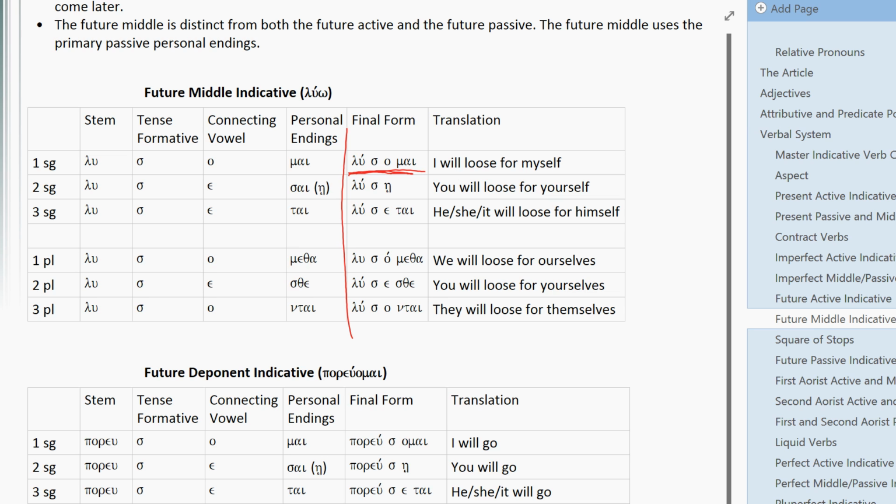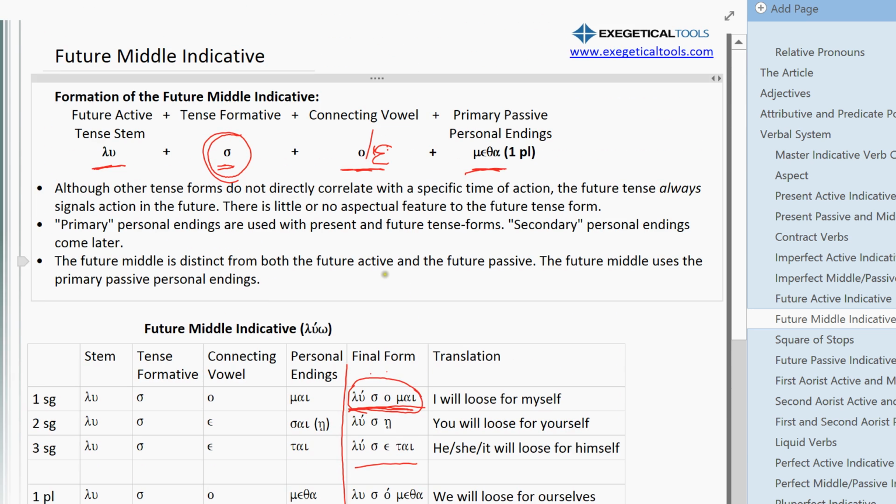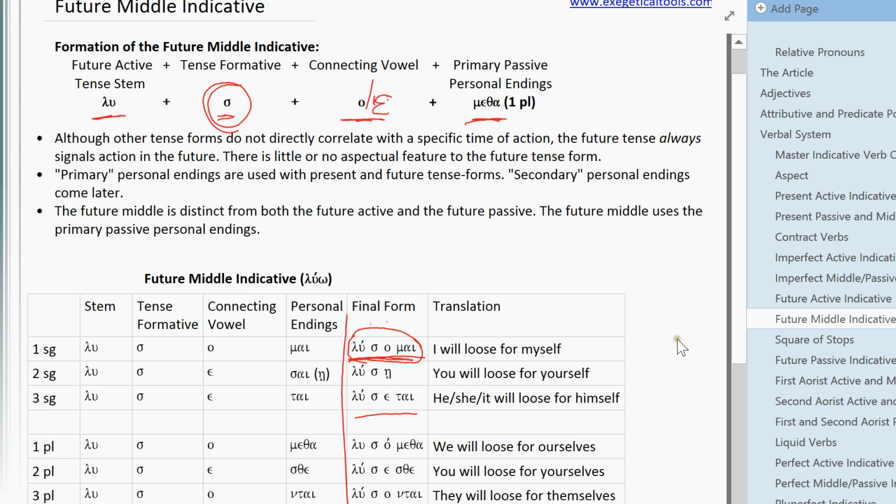Basically, if you know λύσομαι, you should be able to figure out the third person singular and all that. So once you get to the point where you know all of the tense stems and all the voices, you can just focus on the principal parts. Another key is to focus on these constituent parts, because if you know that, then you'll be pretty set to be able to figure out all the forms.